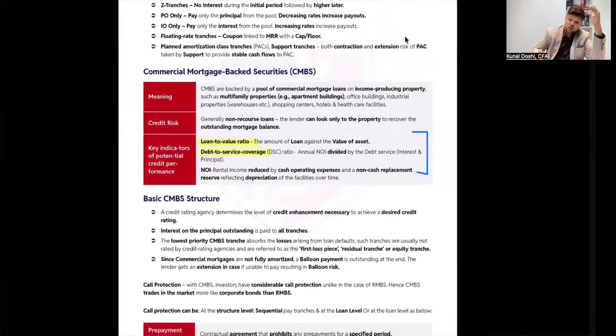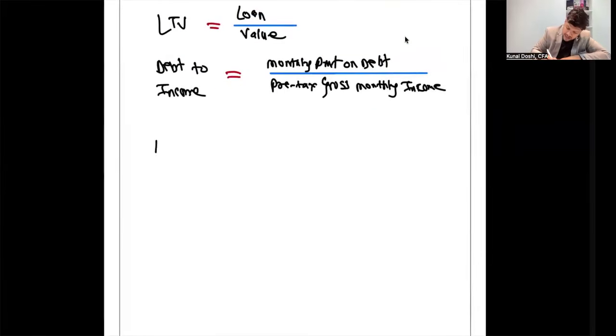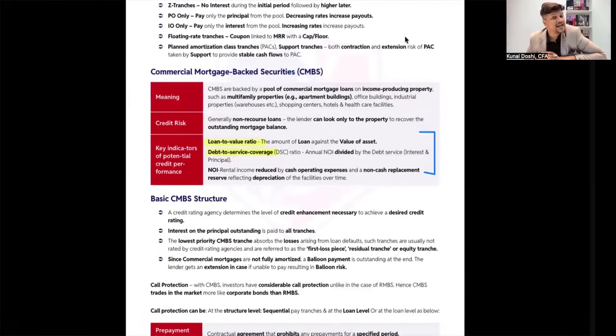coverage ratio. Now, debt service coverage ratio is for a commercial mortgage. So I will write debt service coverage ratio for a commercial mortgage. This is important because in commercial mortgage, it is not the borrower, it is the property's earning which is important. The property's income which is important.